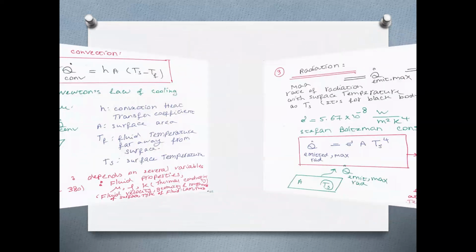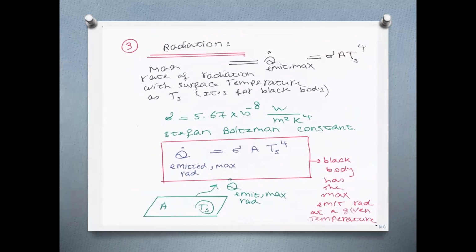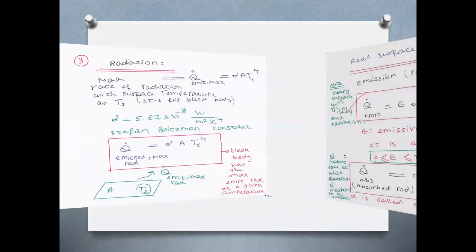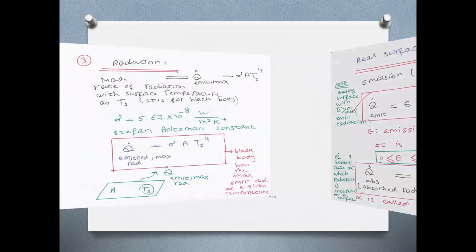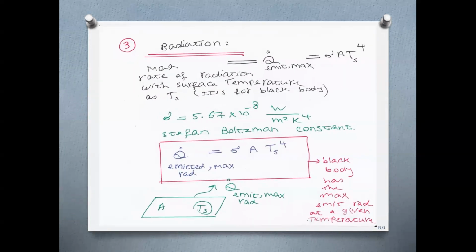So do not think that h is one of the properties of the fluid. Fluid properties are some factors affecting h, but that's not all. There are other factors that will affect value of h as well, all right?